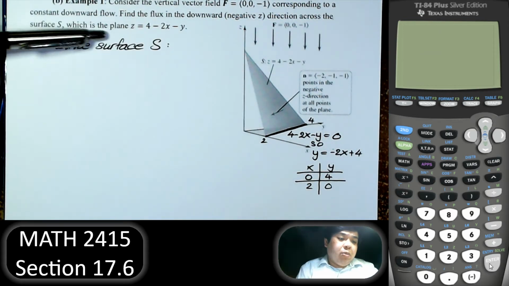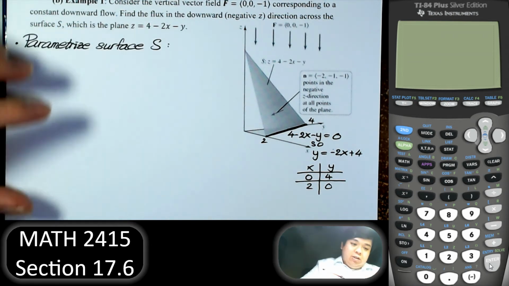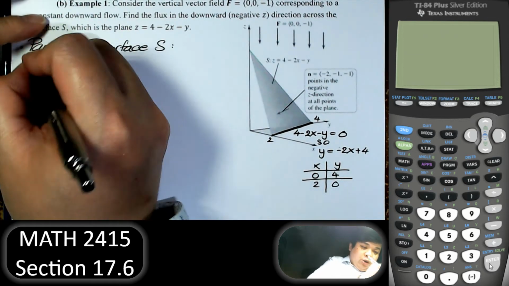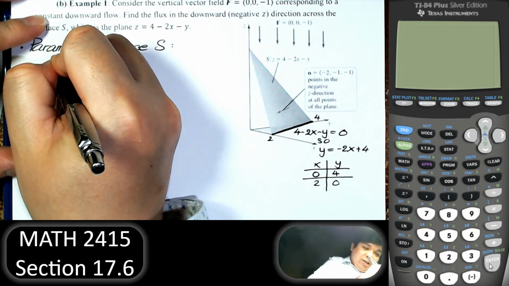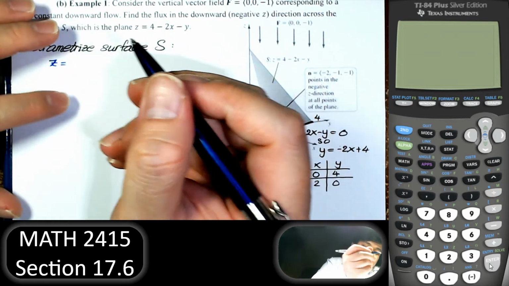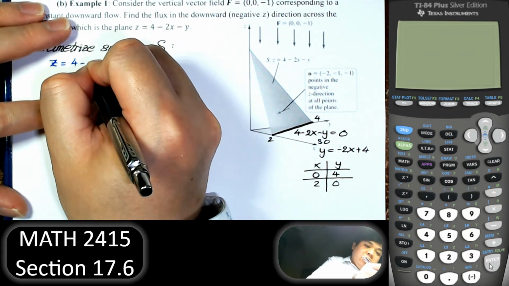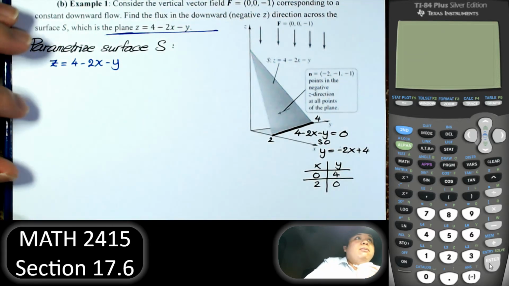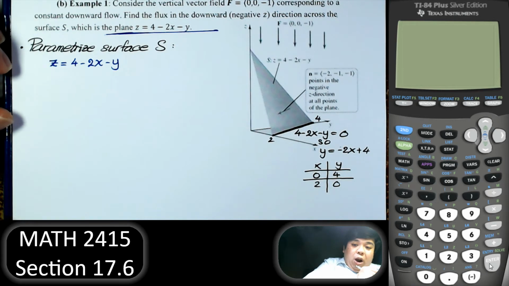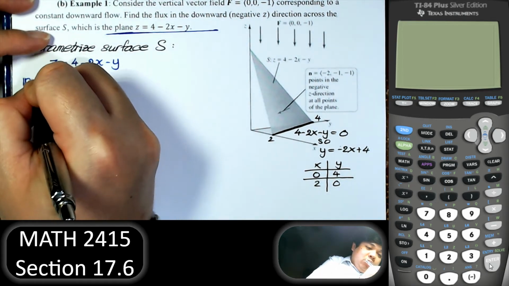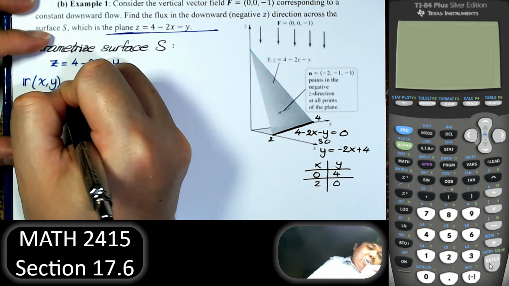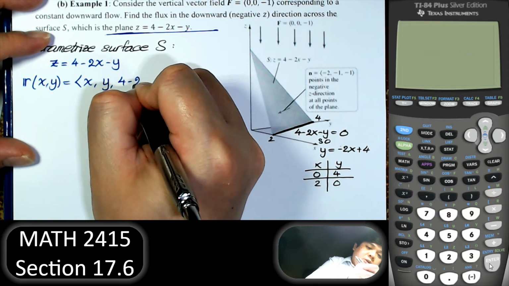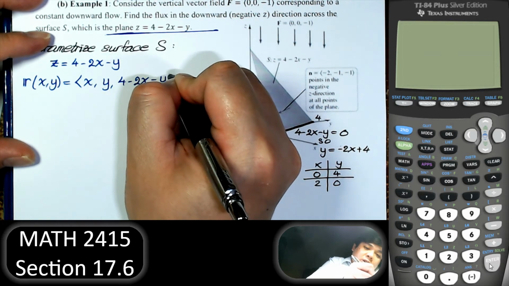Now this is the plane, so very simple. We just say z is equal to 4 minus 2x minus y. That is the plane. So if we parameterize using x and y, it will follow x, y, 4 minus 2x minus y.